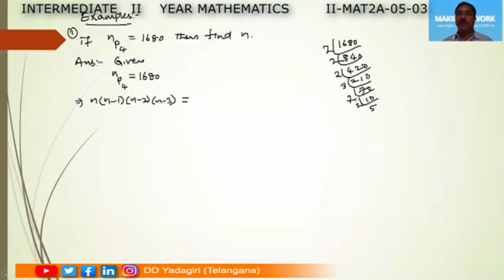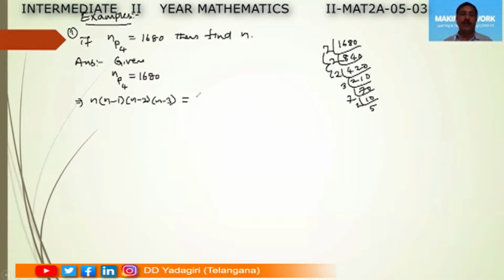Suppose I express it as 7 into 6 into 5 into, here we can get 8, the product of these three prime numbers, 2 into 2 into 2. So 8 into 7 into 6 into 5.